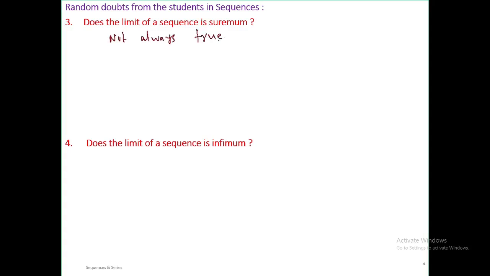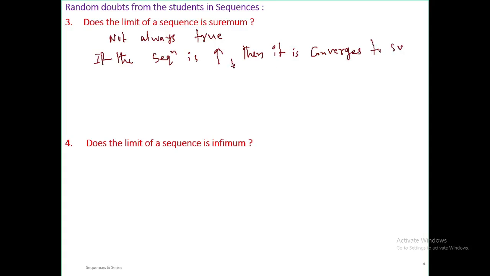If the sequence is an increasing sequence, then it converges to the supremum. Sorry, it has to be increasing and bounded above.